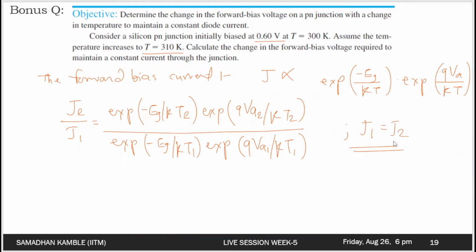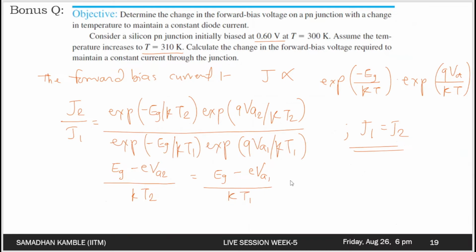So for that, if you just do the simplification, you'll get (Eg minus qVA2) over kT2 equal to (Eg minus qVA1) over kT1.